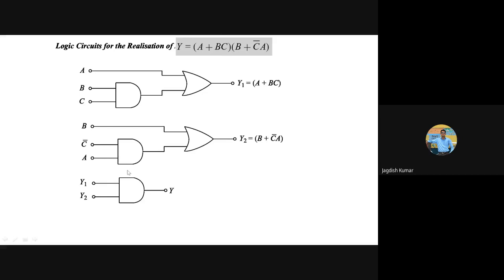And what happens in any digital device or any digital circuit is that whenever you change the inputs at any one of the gates, there is always some delay for the output to change. I'll be showing this, not today, but in coming classes, why that delay comes. The delay comes because this device takes some time to reach an equilibrium state. So in that case, this delay is introduced.